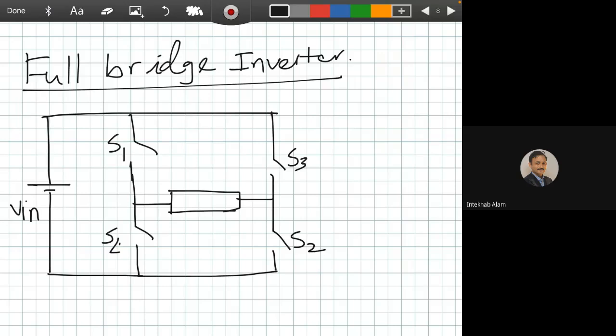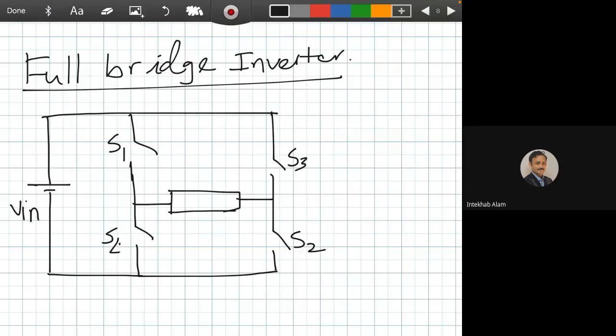In the chopper circuit, the S1 and S2 remain open or closed for a long time to complete the motion. But here, since we are using it as an inverter, the load is actually an AC load. We make it at a higher frequency compared to the chopper circuit.